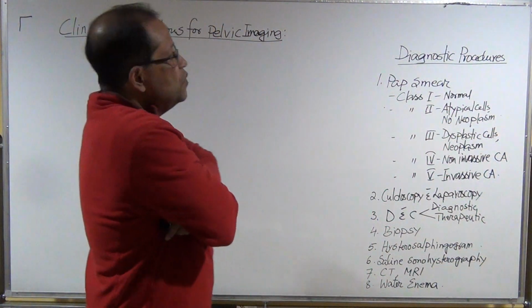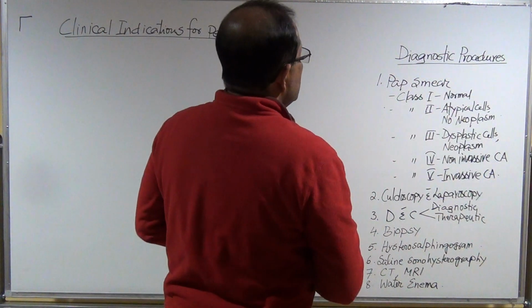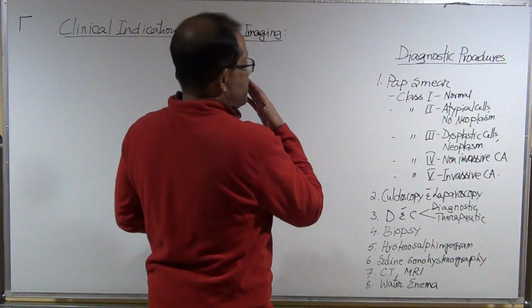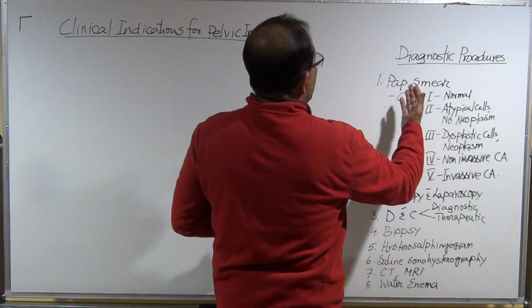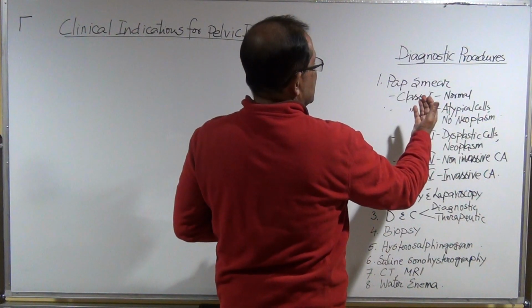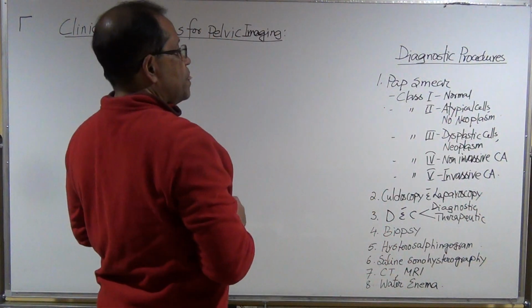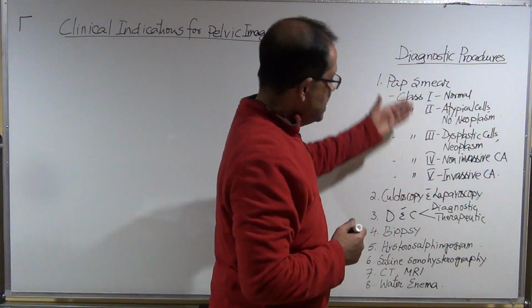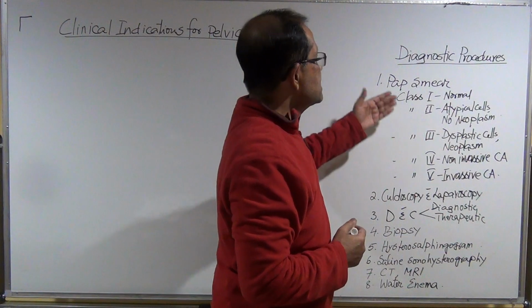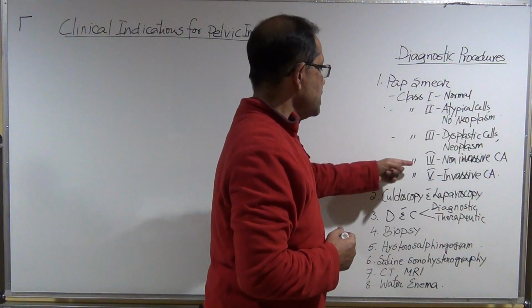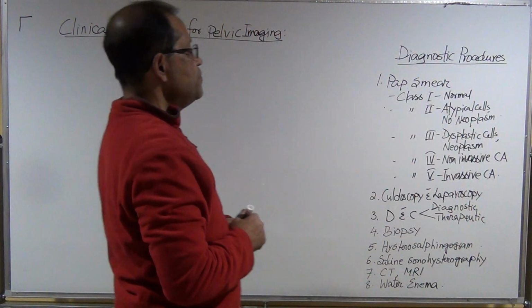Okay, so now when they take the tissue out, they will make the examination on the slide that has the cervical cells, and they will observe. They will like to categorize this as class 1, class 2, class 3, class 4, class 5. Okay?